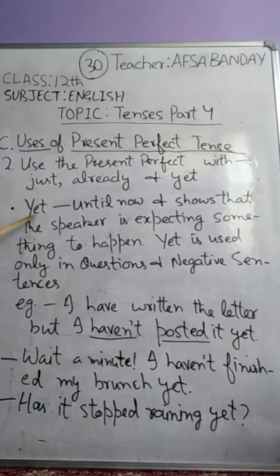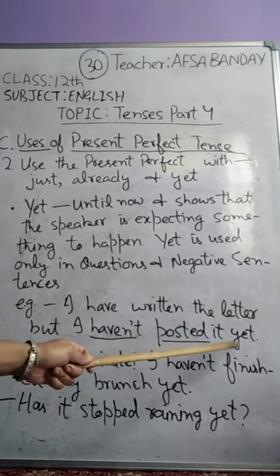Number three is yet. Yet means until now and shows that the speaker is expecting something to happen. But until now, it hasn't happened. Yet is used only in questions and negative sentences. For example, I have written the letter, but I haven't posted it yet.